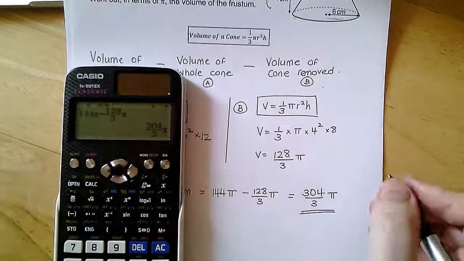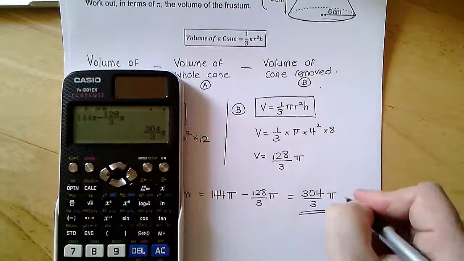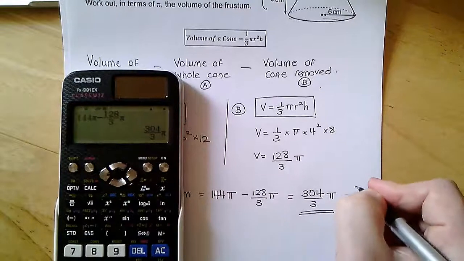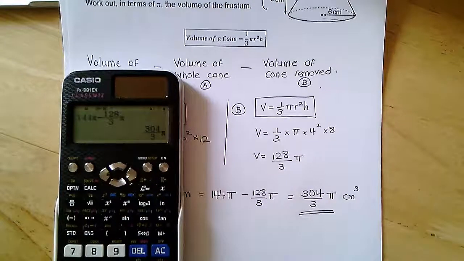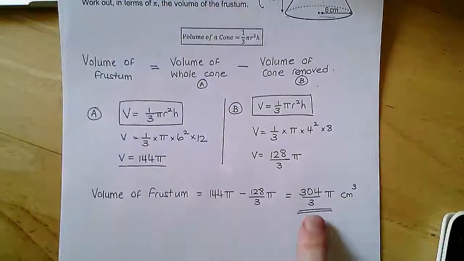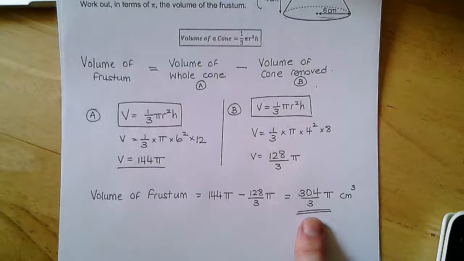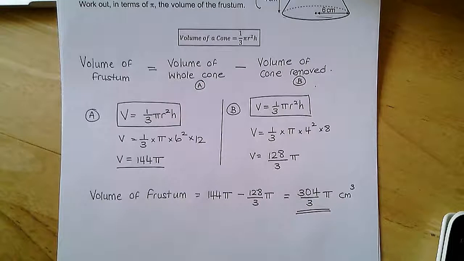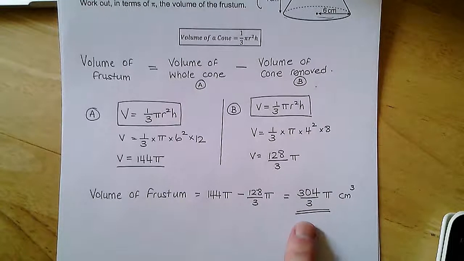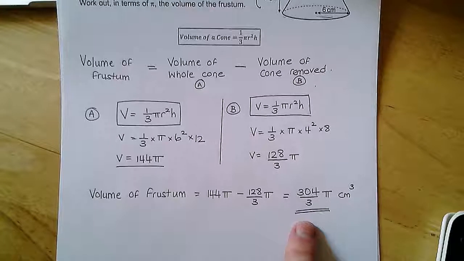Now again, don't forget units, even though we're given it as an exact value, centimetres cubed. Now please don't be tempted to write that as a decimal, because then it is not exact. So your final answer is 304 over 3 pi centimetres cubed.